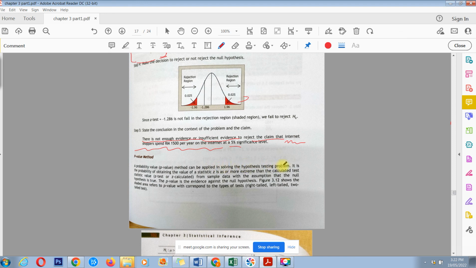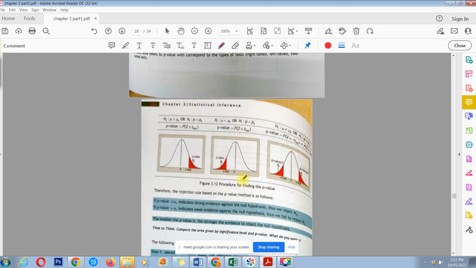It is the probability of obtaining a value of the statistic z as extreme as the calculated test statistic value z, from the sample data, assuming the null hypothesis is true. The p-value is the evidence against the null hypothesis.